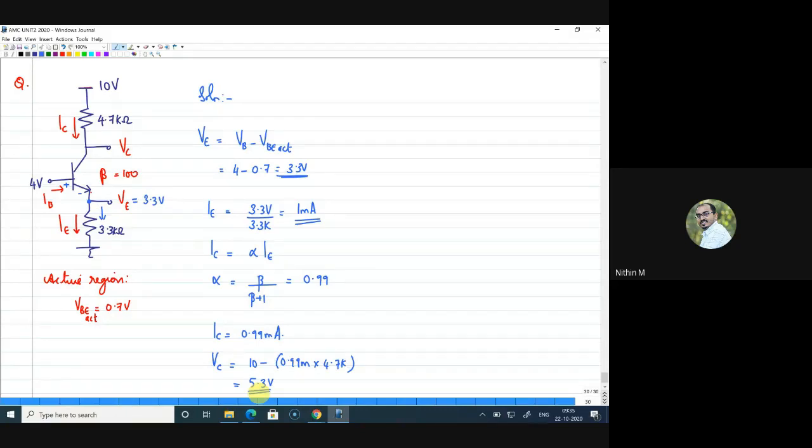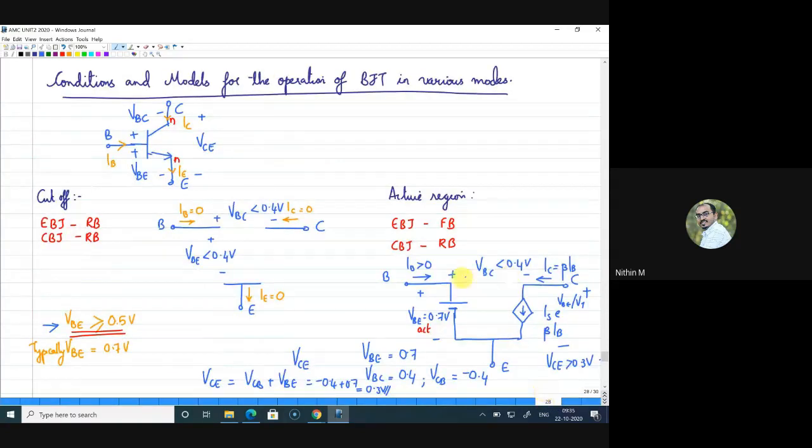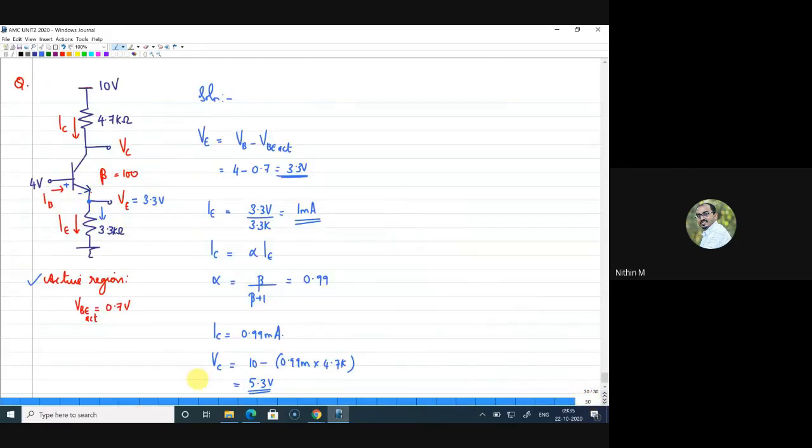Is this clear, what I have done? Now, since I made the assumption of the active region, I know that in the active region the base-collector voltage will be less than 0.4, right? Now what is the base voltage? VB is 4, and VC is 5.3.